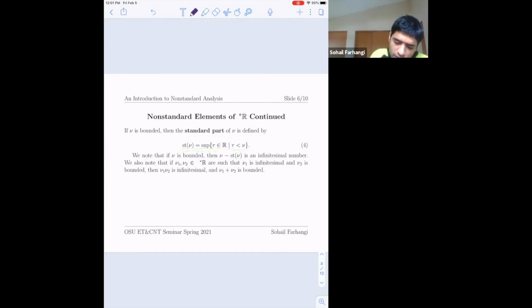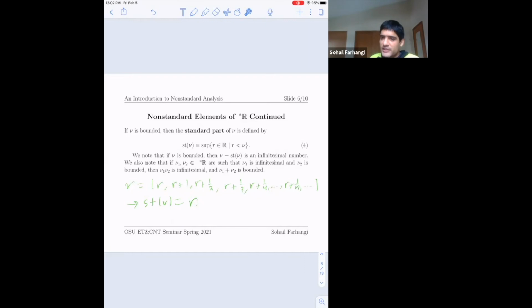And again, just to give you a very basic example, if you pick your favorite real number R, then you can construct a non-standard real number by just adding 1 over n to the n-th component.